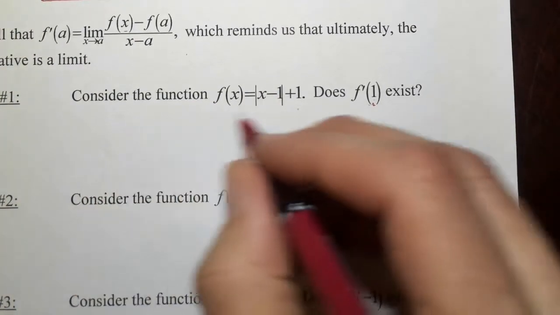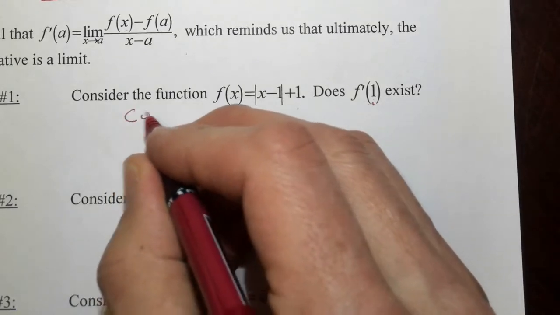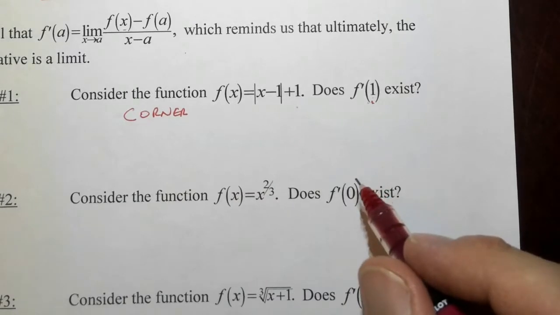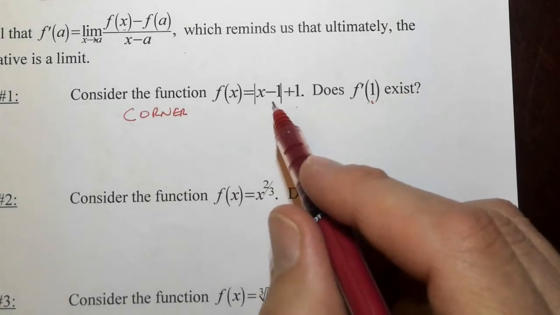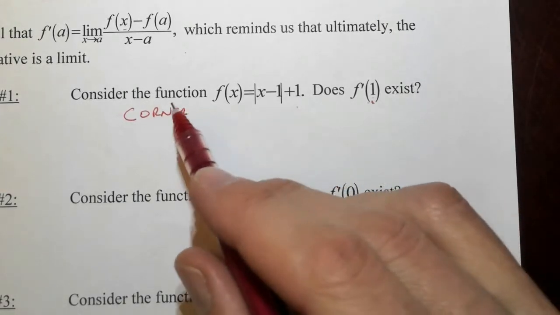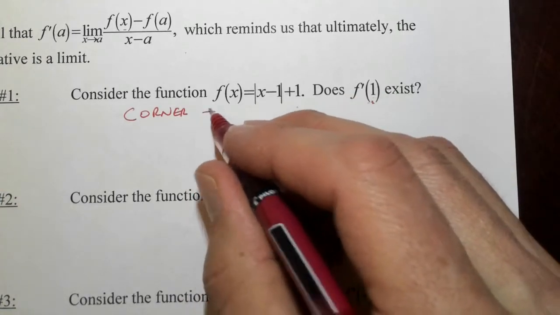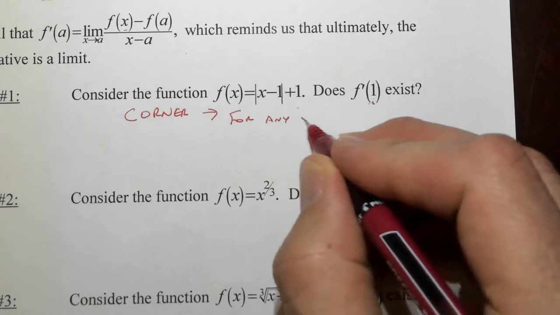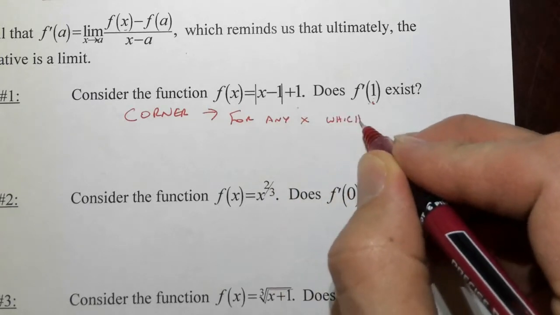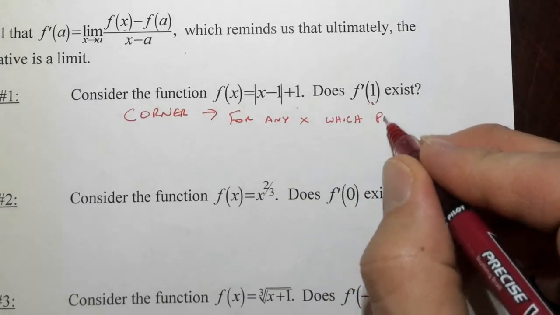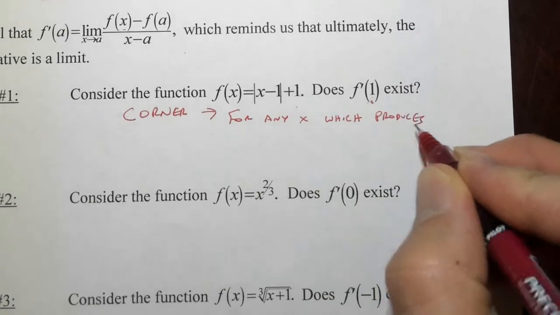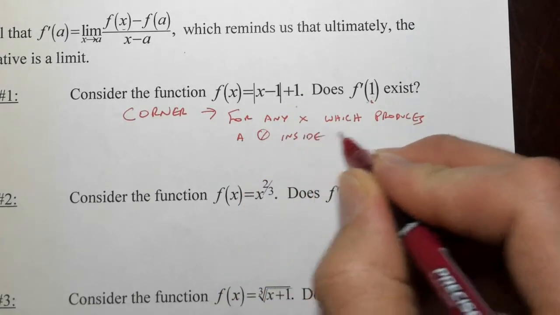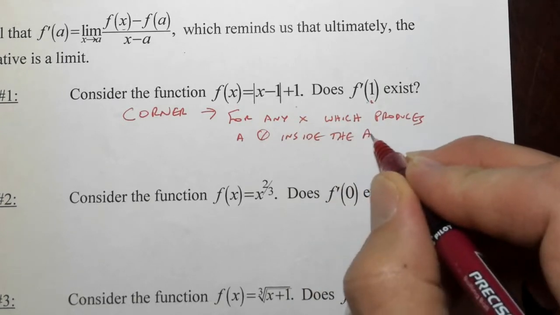So this is actually called a corner. Corners can occur on graphs if we've got the absolute value. In general, a corner is going to occur for any x which produces 0 inside the absolute value.